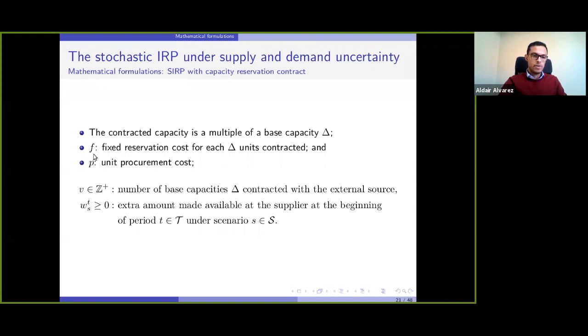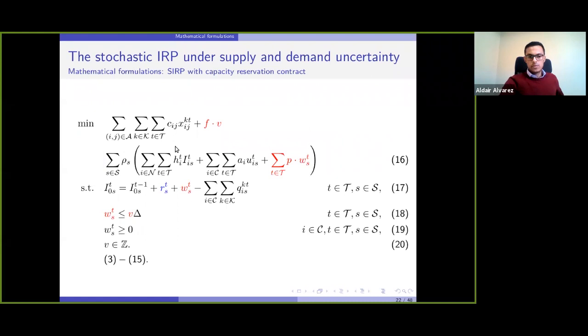We pay a fixed reservation cost for each delta units in the first stage, and in the second stage we pay a unit cost for each unit that we actually use of that contracted capacity. So we have additional variables here, some notation. V is the number of times that we reserve that extra supply, and W is the amount that we actually use in the second stage. So we adapt the model in this way.